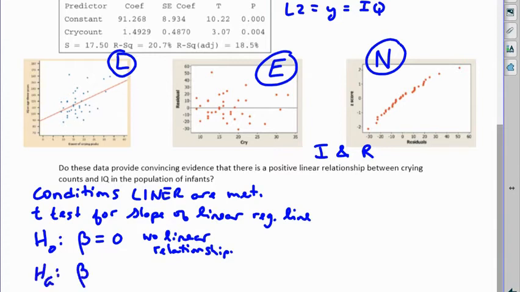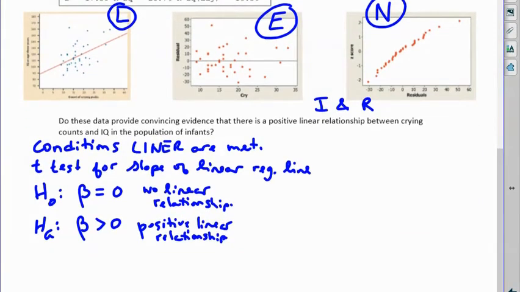Our alternative hypothesis is that there is a linear relationship. And in this situation, you probably want to see, is there an increase in intelligence? So we're going to look for a positive linear relationship.